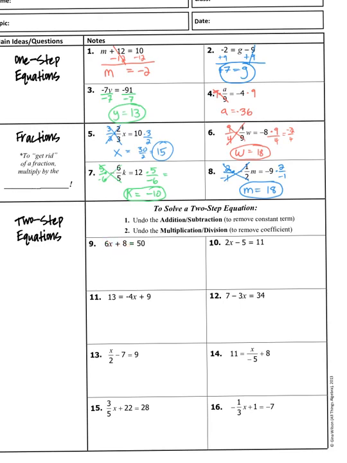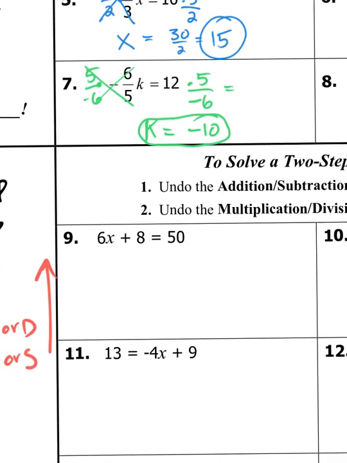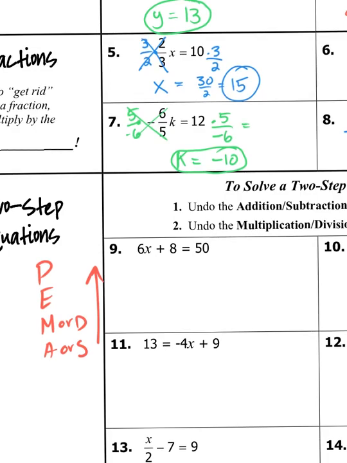And I sometimes like to think if the order of operations is supposed to be PEMDAS, parentheses, exponents, multiplication or division, addition or subtraction, I'm going to just do PEMDAS in the opposite direction to undo each thing. So if it's supposed to be 6 times x plus 8, and I'm going PEMDAS backwards, I have to undo the addition or subtraction first.